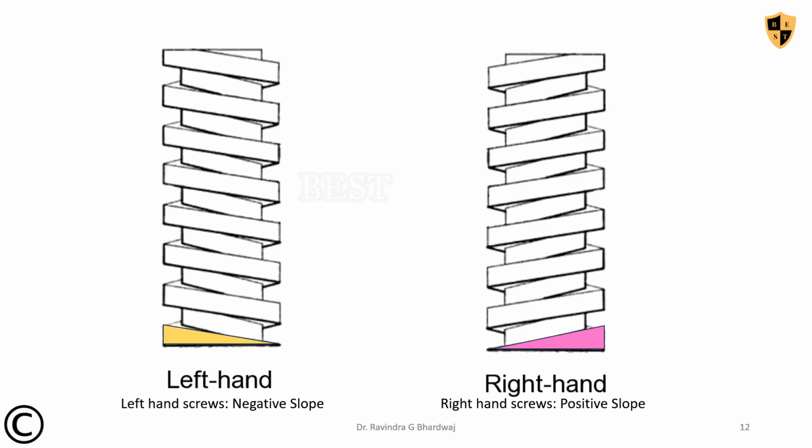So in left-handed the slope is negative, in right-handed the slope is positive. Similarly, in a screw dislocation, if the slope comes out to be negative, it is going to be a left-handed screw dislocation, and if the slope comes out to be positive, it is going to be a right-hand screw dislocation.